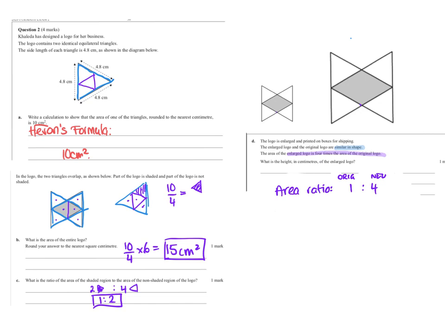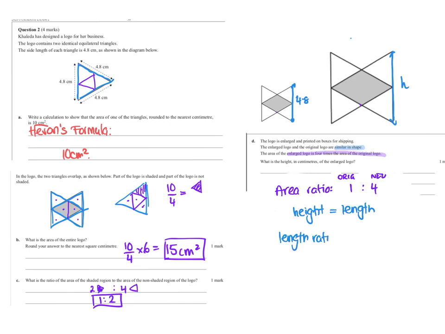Now, they said, what is the height of the enlarged logo? So we actually know from the beginning what the height of this one is, because one of those triangles is 4.8. And obviously, we're looking for this height there. Now, height is a length, so I need the length ratio.